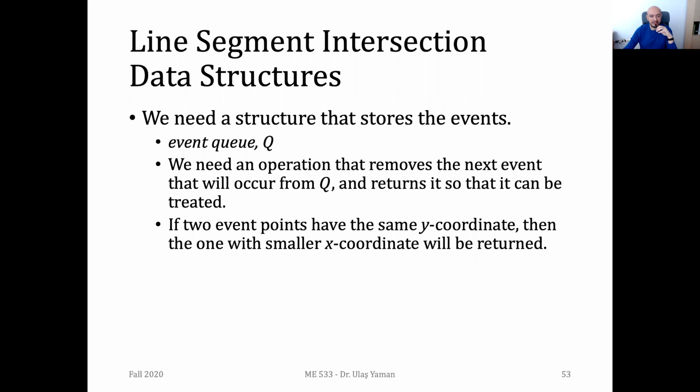Another issue is that the events will be ordered according to y values, but what happens if they have the same y coordinate? Then the solution is not that complicated. We will always consider the one having the smaller x coordinate first, and then the one having a higher x coordinate value will be the second one.